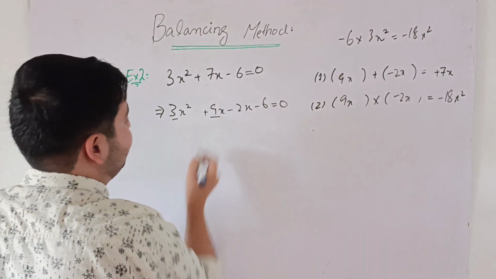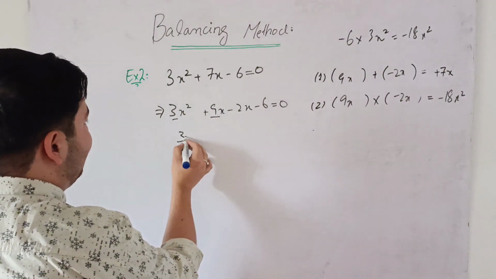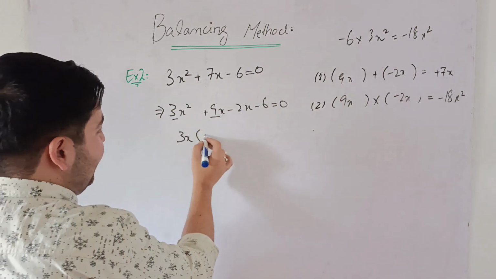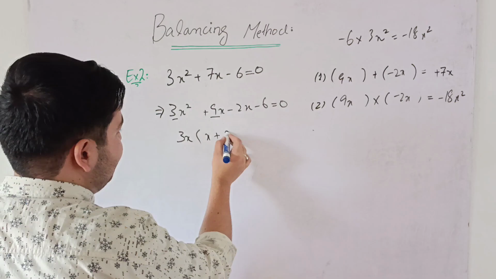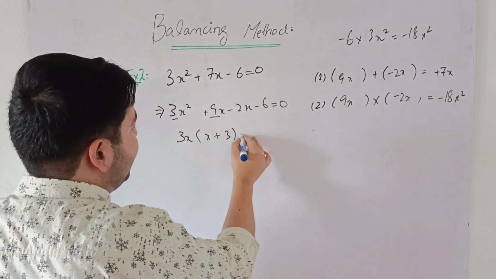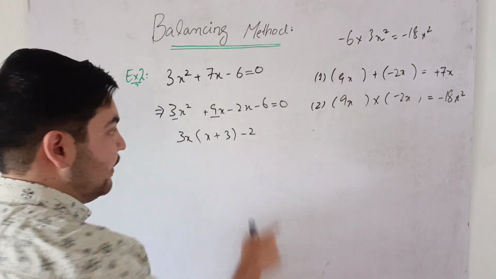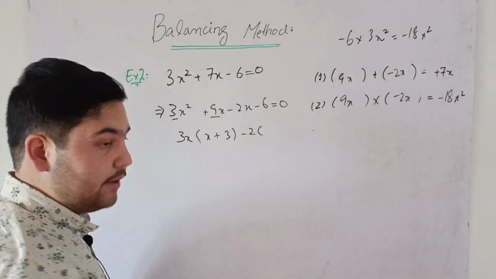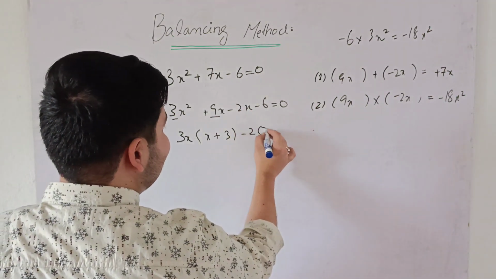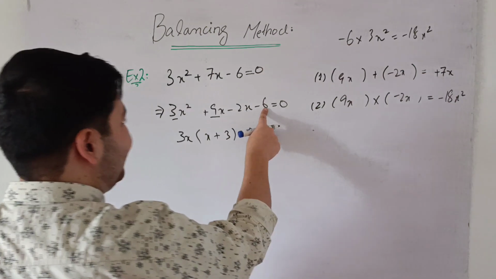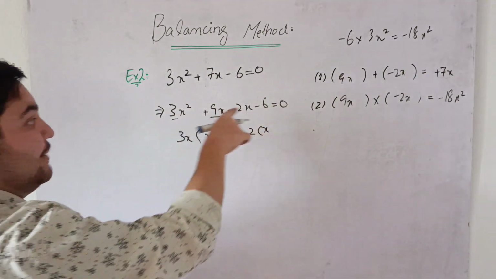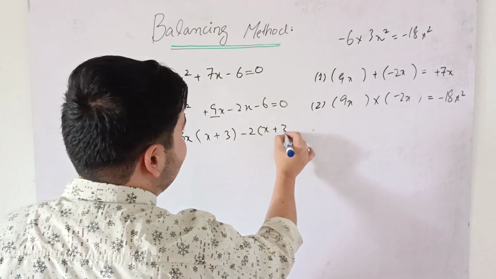Here we have a common factor 3x, and the remaining term is x plus 3. From the last two terms we take minus 2 common, so we change the sign to plus, and the remaining term is x plus 3.